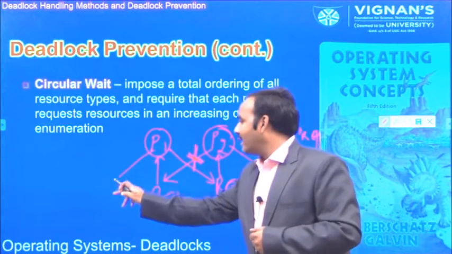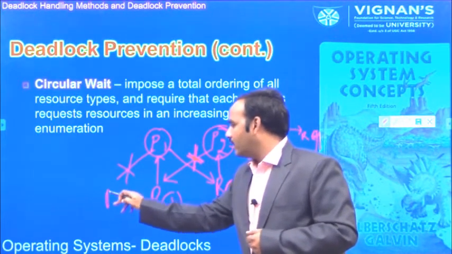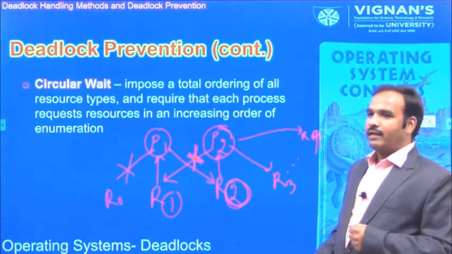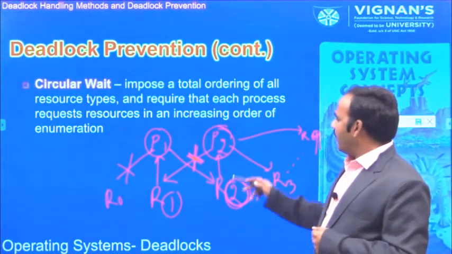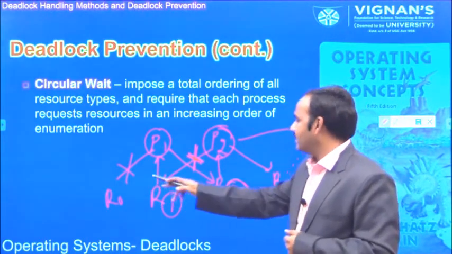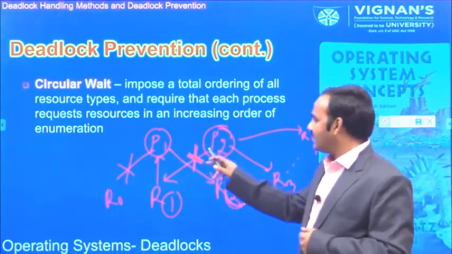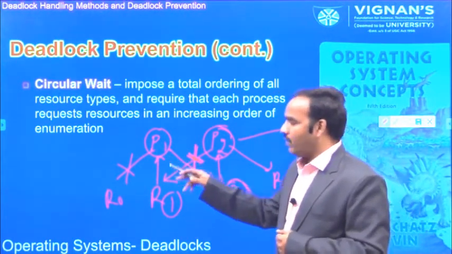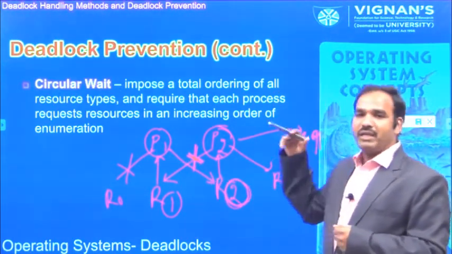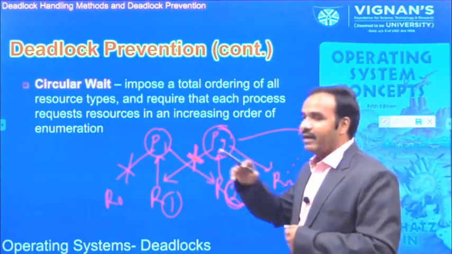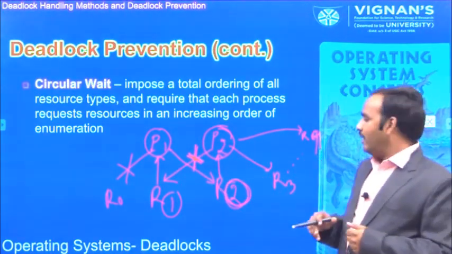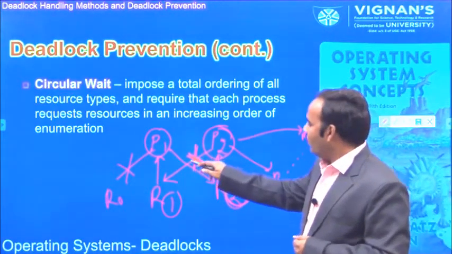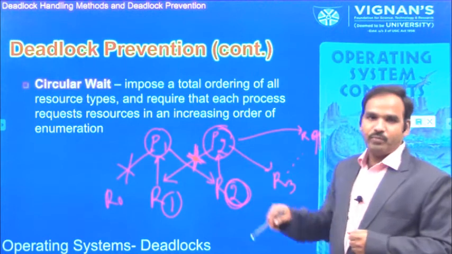Similarly, P1 cannot request R0. P2 cannot request R0. Whatever resources are allocated to a process, the requested resources must be greater than the allocated resources. If you use this condition, definitely we can break the cycle in the graph.